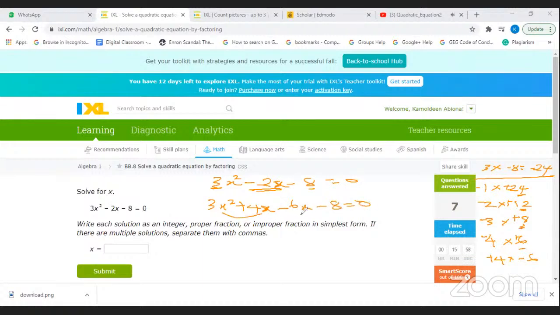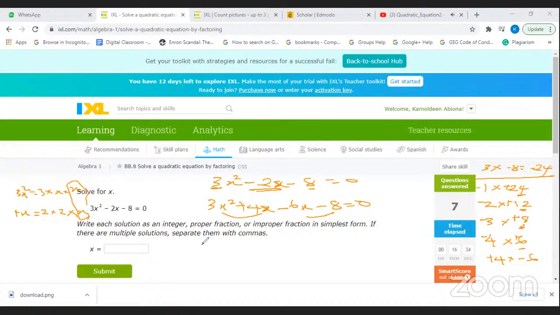So group 1, group 2. In group 1, what do you see? 3x squared is 3 times x times x, and 4x is 2 times 2 times x.